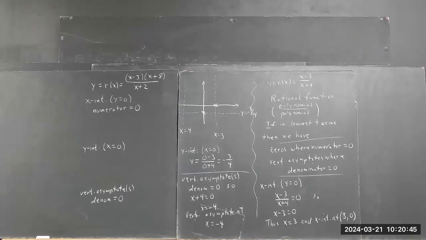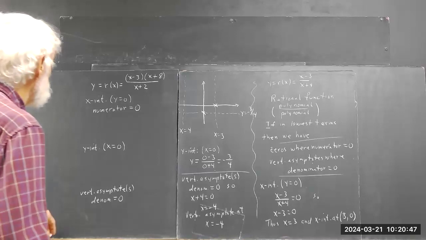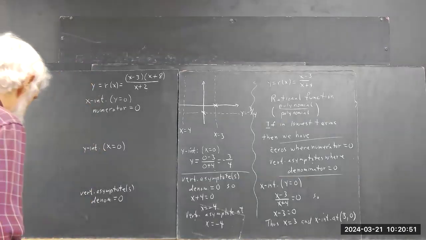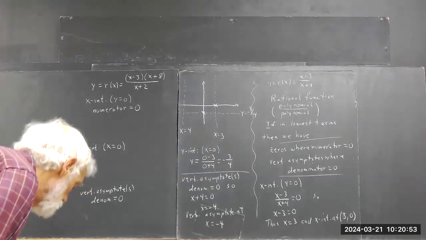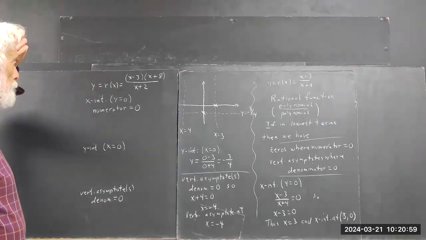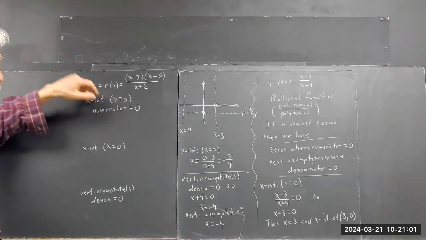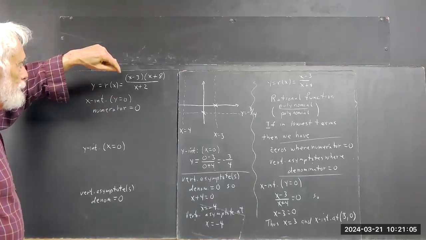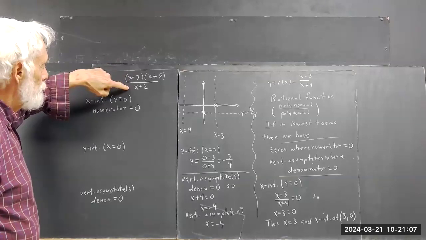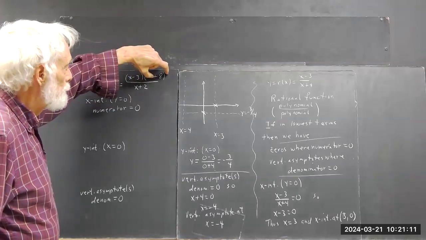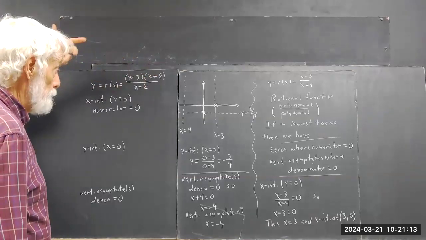Okay, now we're doing quite well with this. So let's just see how this works out. We'll start seeing where the x-intercepts are. They occur when y equals 0, so the denominator doesn't affect whether y equals 0 or not. The numerator has to be 0 in order to make the fraction 0.